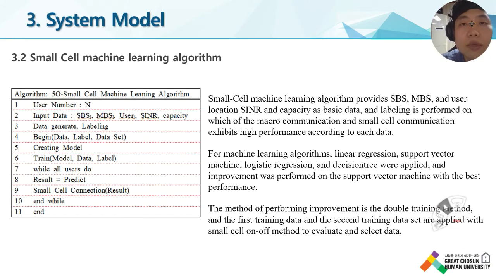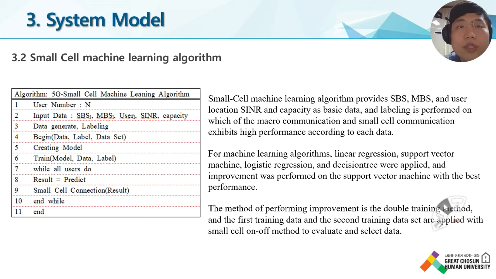For example, if you decide between using macro cells and small cells by SINR or capacity, you may have a problem with multiple terminals connecting to a specific base station, decreasing system performance. To address these problems, we use a machine learning algorithm so the system learns by itself in small cell connection decisions to find the optimal method.